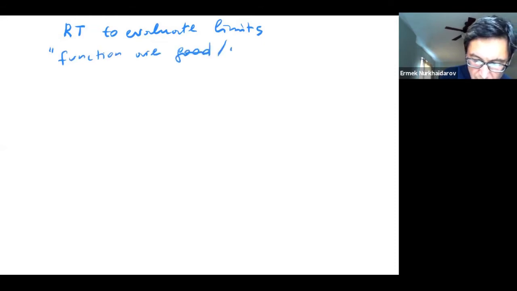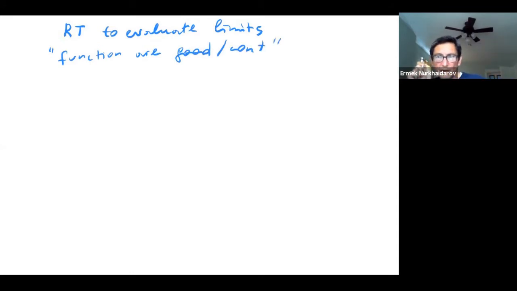And by good in this sense, I mean continuous. So all the regular functions we are dealing with are basically continuous as long as we are sitting inside of a domain.